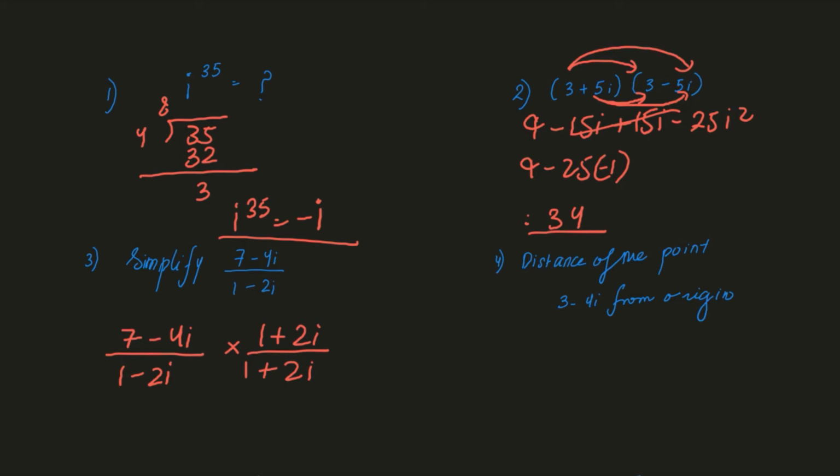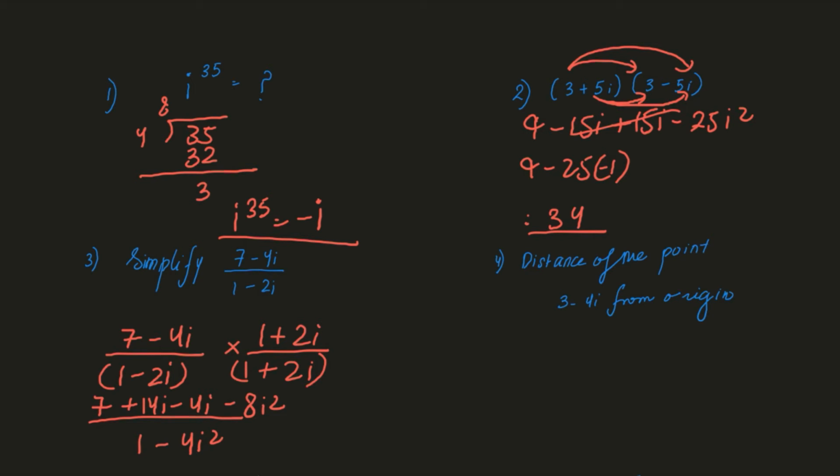So we're just gonna work this out. 7 plus 14i minus 4i minus 8i square over 1 minus 4i square, because this is an algebraic identity. So we're just gonna write it as 1 minus 4i square.